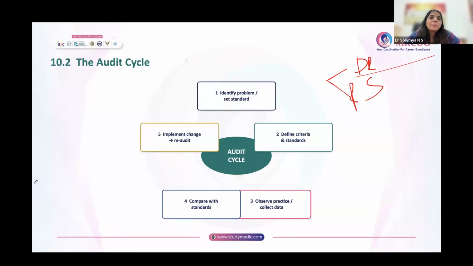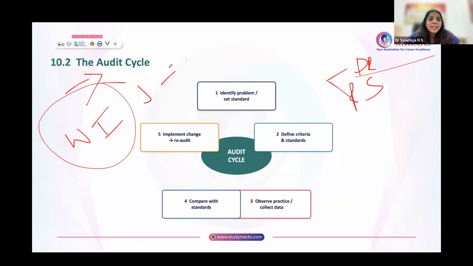Prospective is, for example, you have a lot of wound infections in your post-op ward, so you want to see what the hand hygiene or hand washing protocol is in your unit. If you choose prospective, from now onwards, for the next 6 months, you are going to look into the cases and understand the reasons.